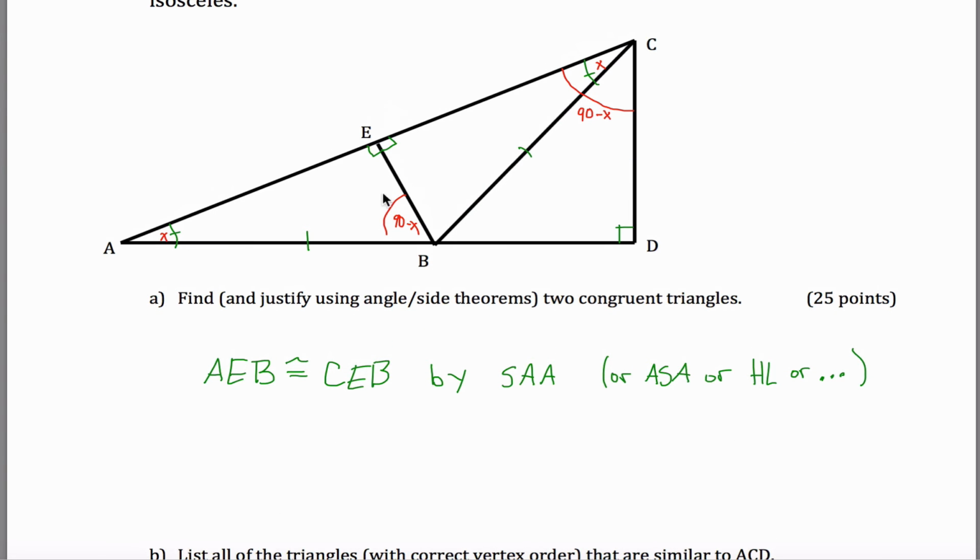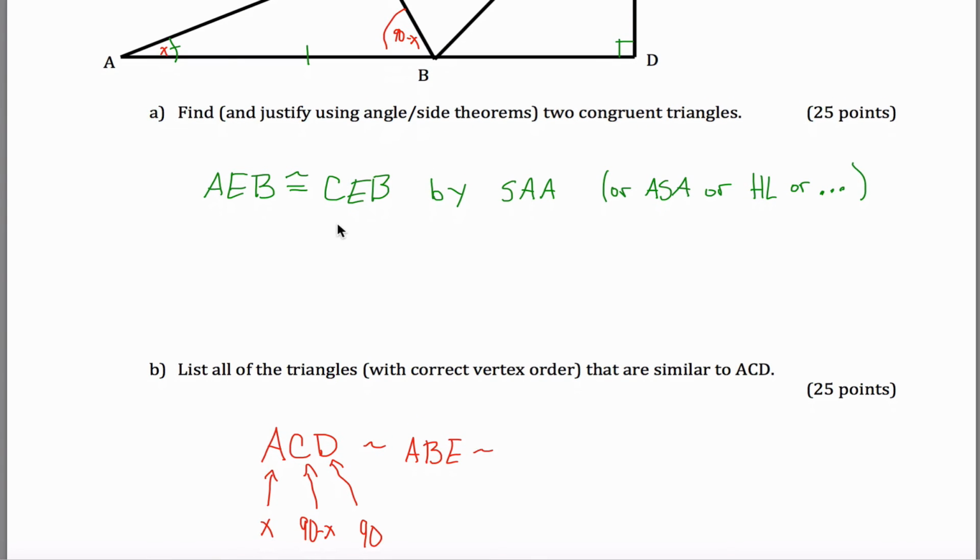And do I have any others? Well, I know that ABE is congruent to CBE from the above. So therefore, if ABE is similar to ACD, CBE must also be similar to ACD.